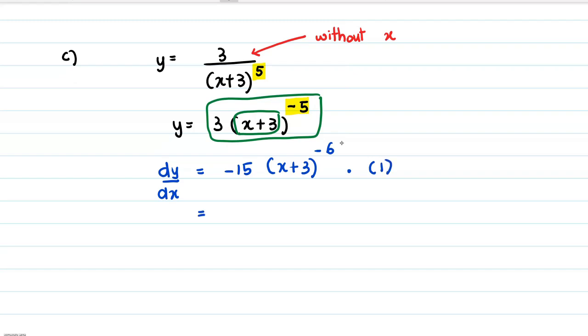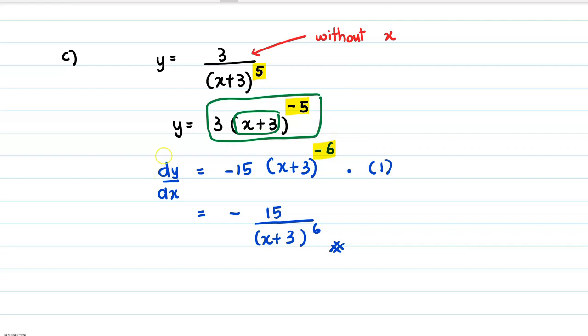Okay, so since you have the negative index number here, okay, so we will write as your denominator. Okay, your final answer will be negative 15 divided by x plus 3 power of 6.